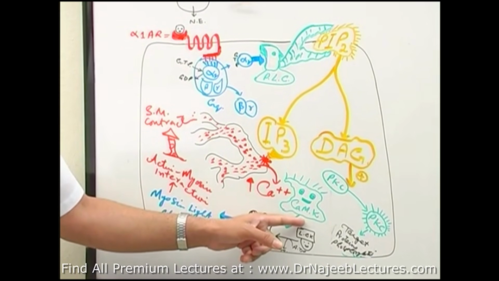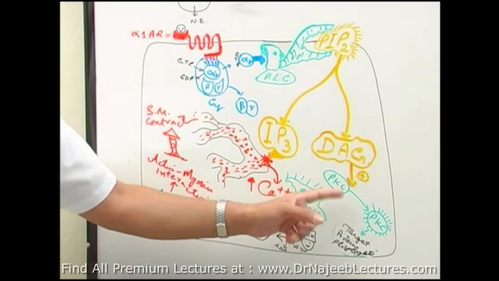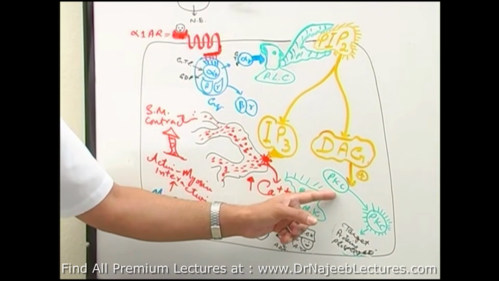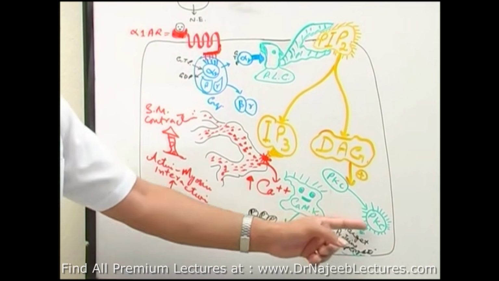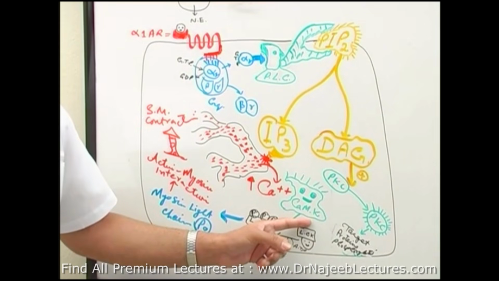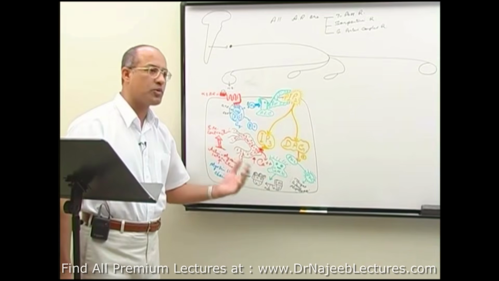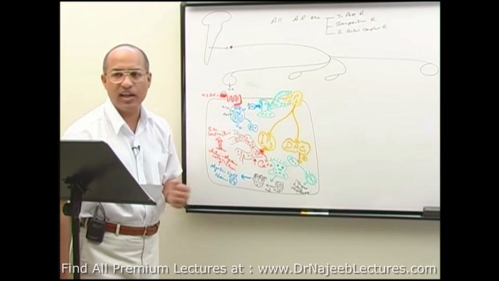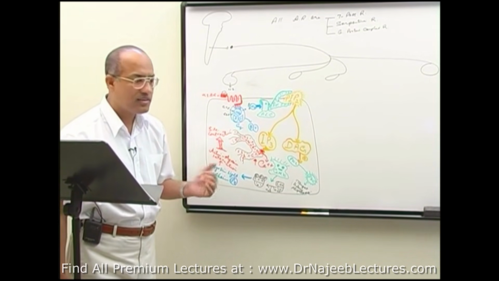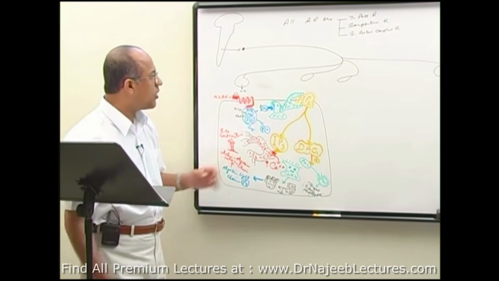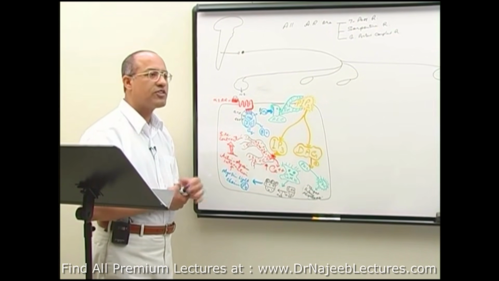Calcium will bind with calmodulin kinases, and diacylglycerol will bind with protein kinase C. When both of these kinases are activated, they will phosphorylate the target proteins, and phosphorylated target proteins will alter the function of the cell. Am I clear? Any problem here? So this was how alpha-1 adrenergic receptors work.